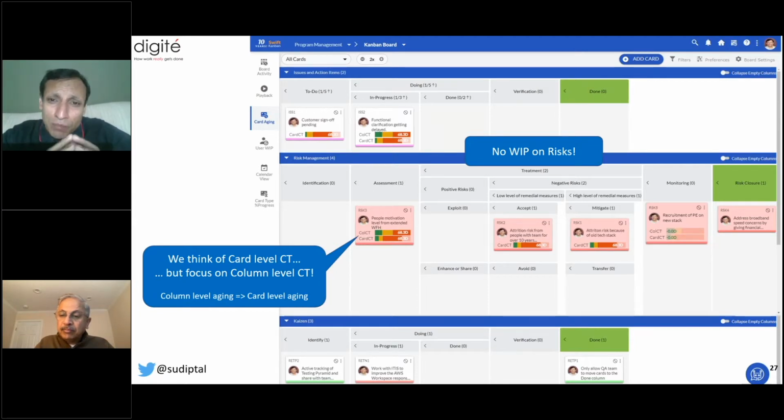I think the most important thing is to recognize that having a board or a value stream is only perhaps 20 or 25 to 30% of the problem. Most teams and organizations struggle with a disciplined approach to execute and close.